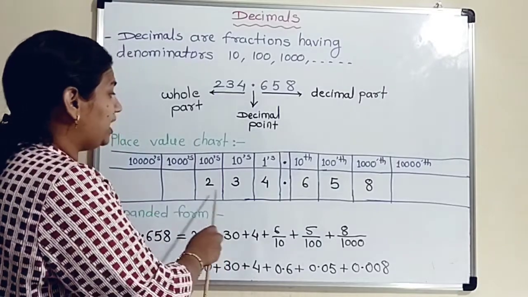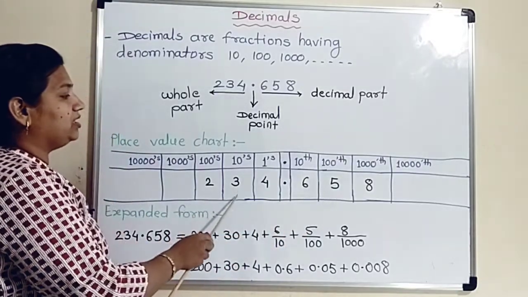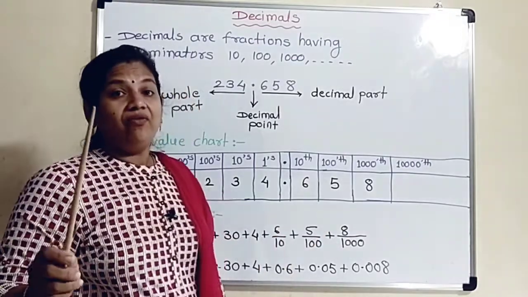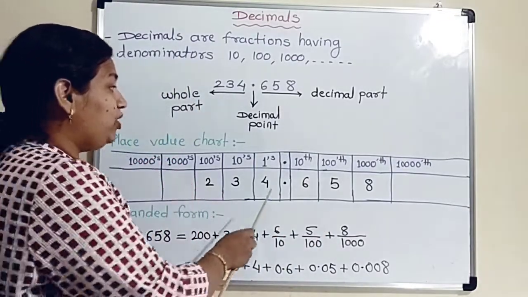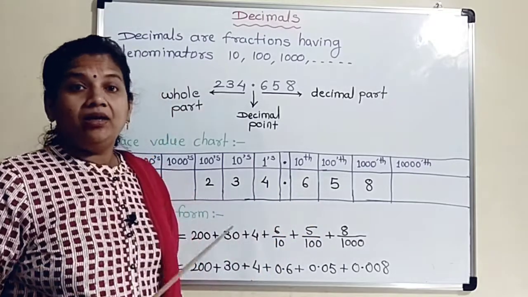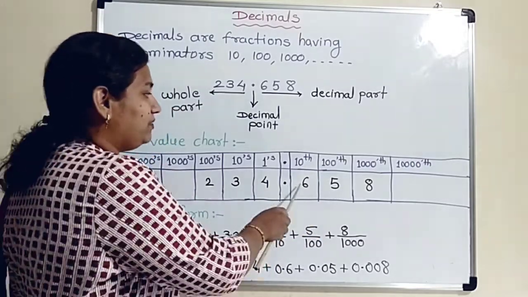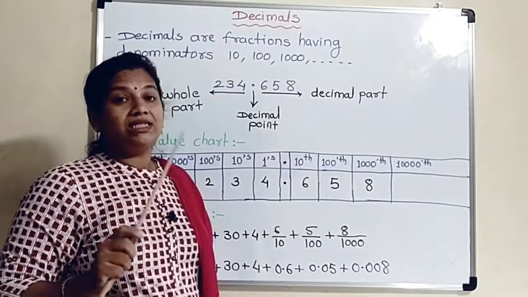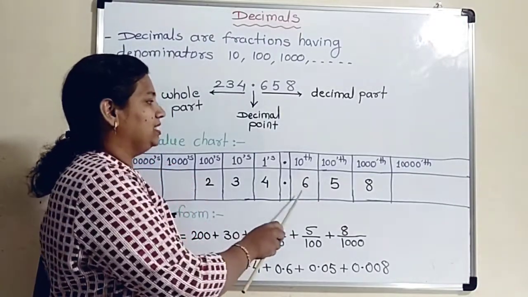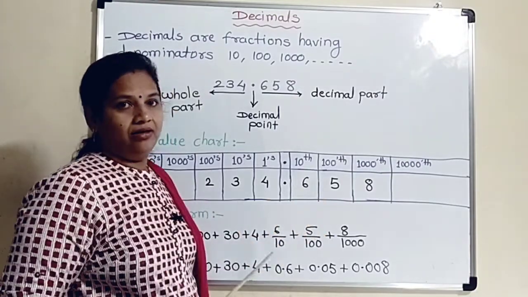So how to write this number 234.658? If you have observed, I am not reading it as 658. Why? As I said, the place value of 6 is not 600. It is 6 by 10. So we cannot read it as 658.